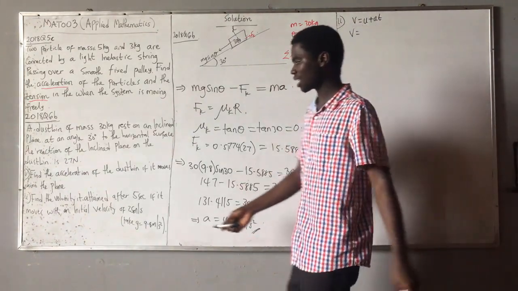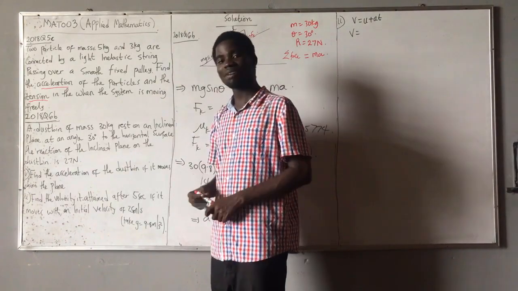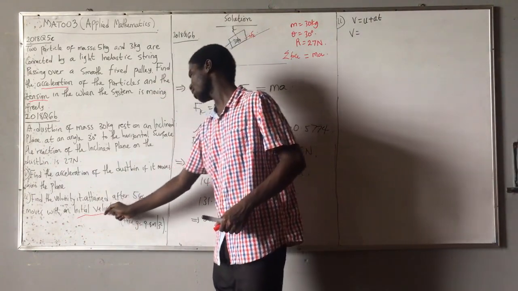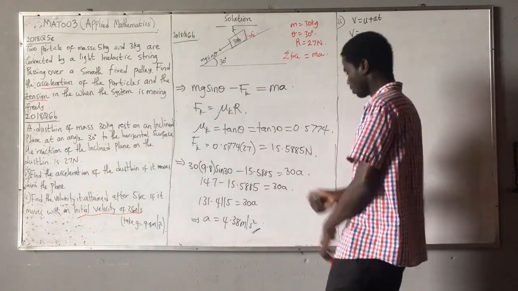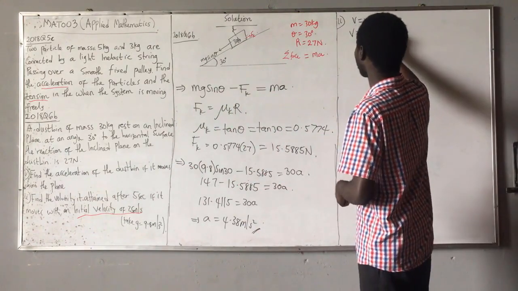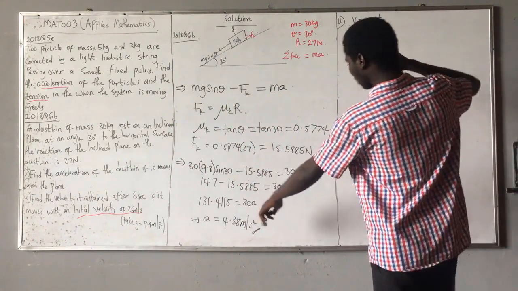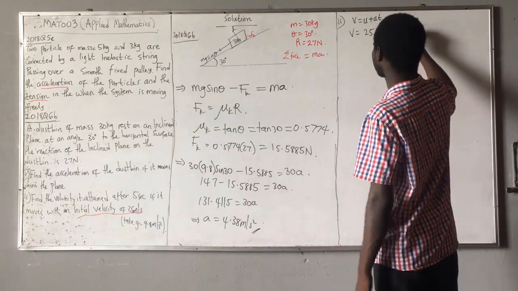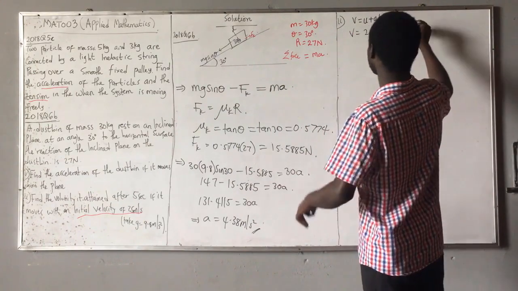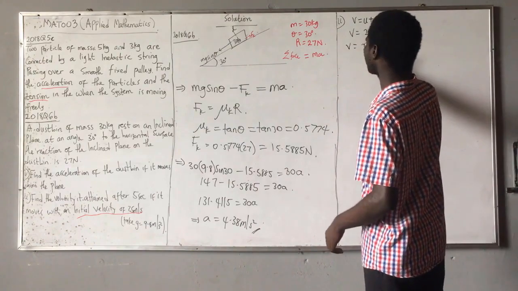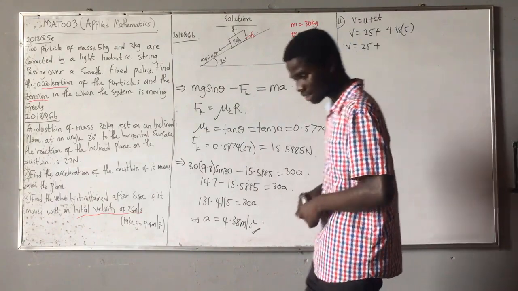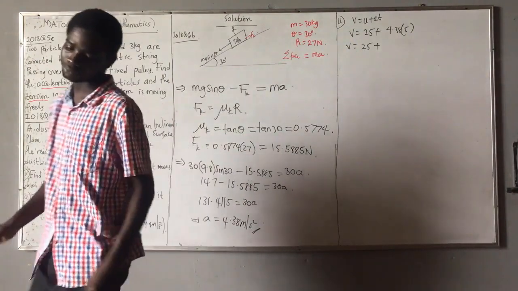The initial velocity has been given to you here, 25 meter per second. So v is 25 plus a, you just look for a now, 4.38. t is 5. So velocity will now be 25 plus 4.38 times 5.